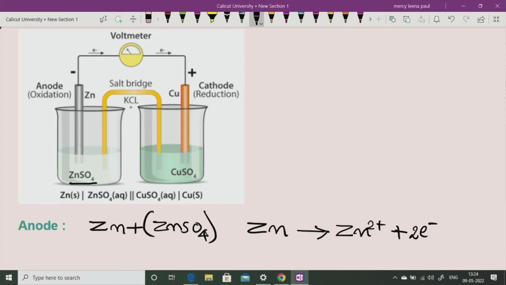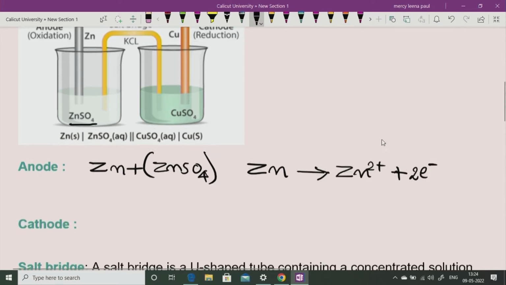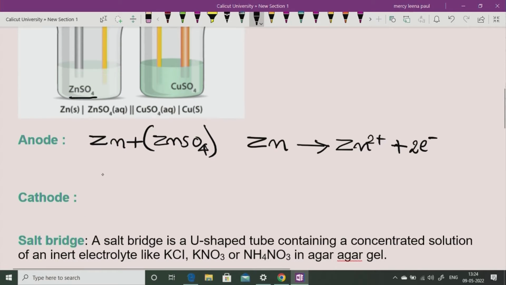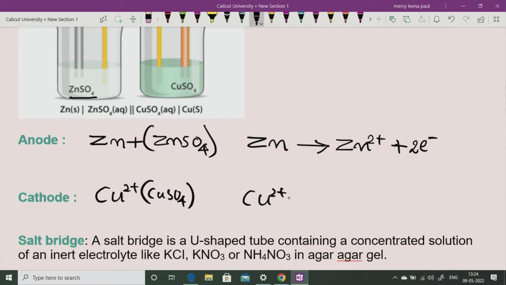These 2 electrons move up through this external wire and reach the copper rod. There, the copper ions are present in copper sulphate solution. This copper ion takes up 2 electrons from this electrode and gets converted into neutral copper metal.